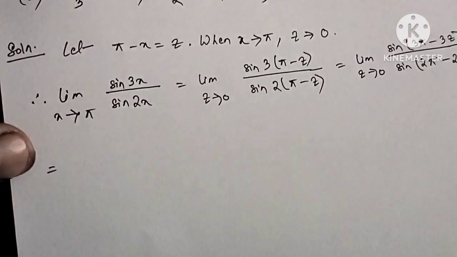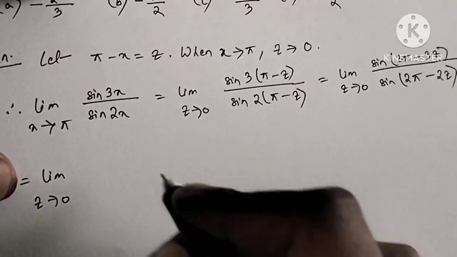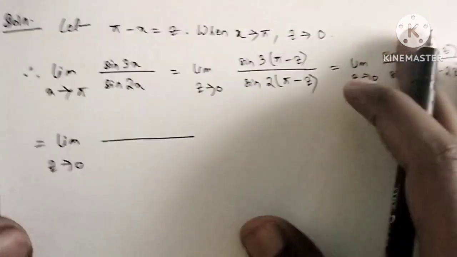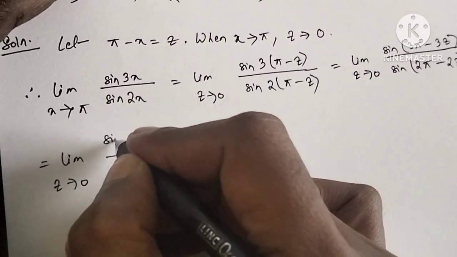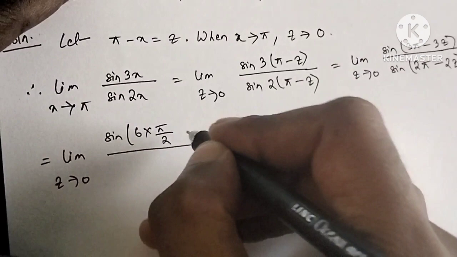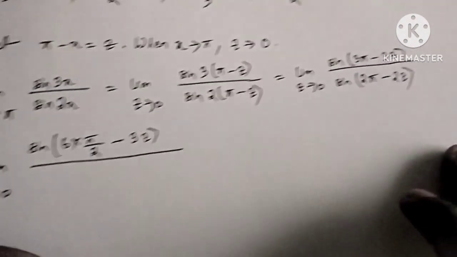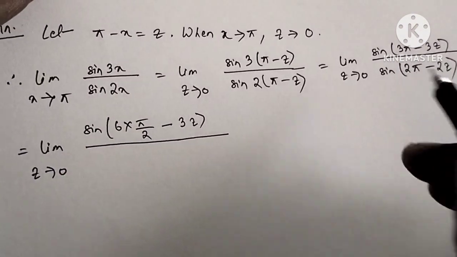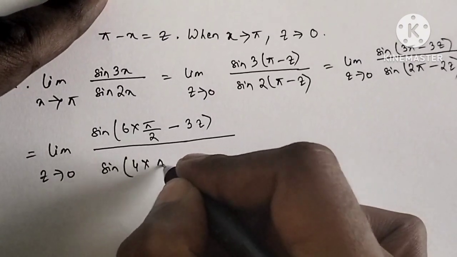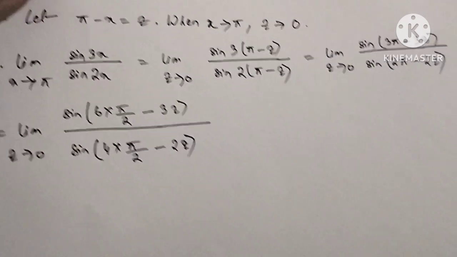So now this can be written as limit z tends to 0, sin 3 pi minus 3z can be written as sin 6 into pi by 2 minus 3z, and sin 2 pi minus 2z can be written as sin 4 into pi by 2 minus 2z.